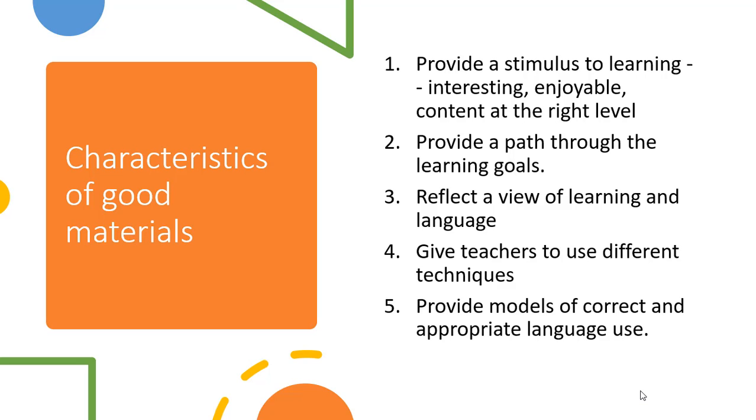And also the books should allow teachers to use different techniques. So there are some activities the students find interesting to do in the classroom. There is not only one teaching method.